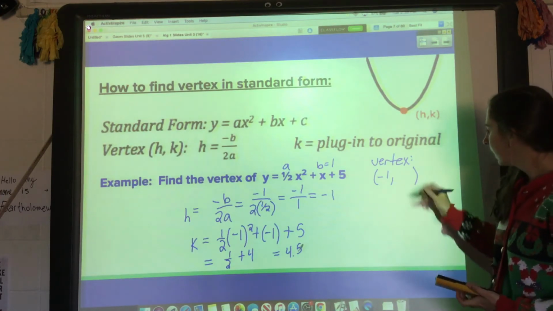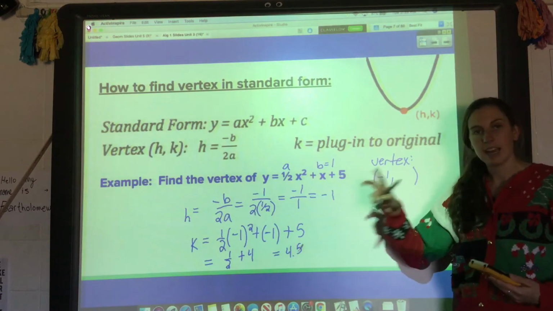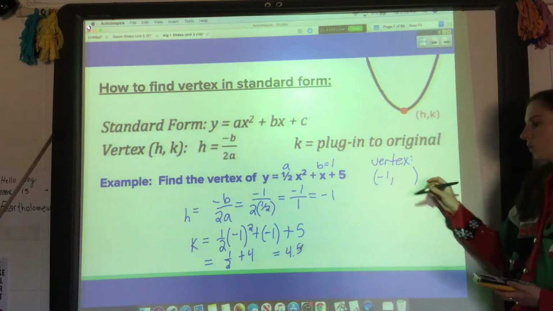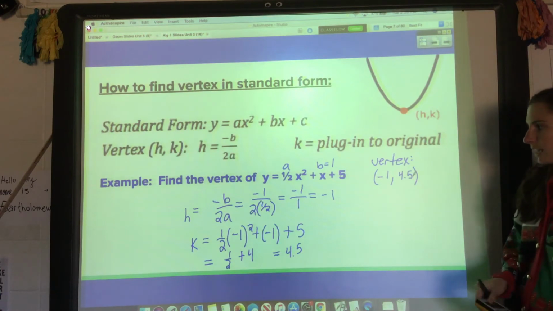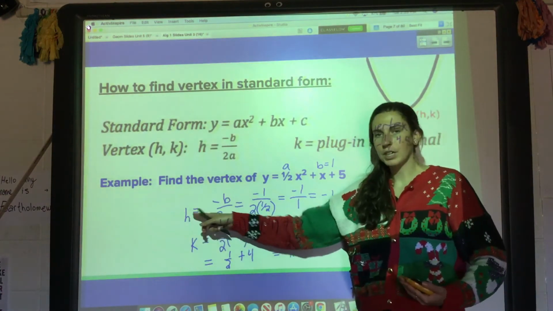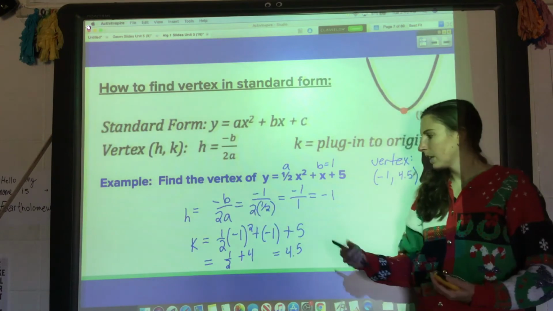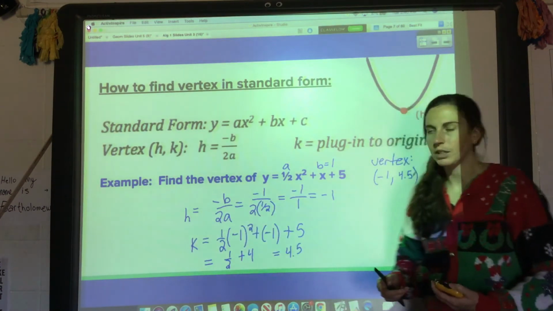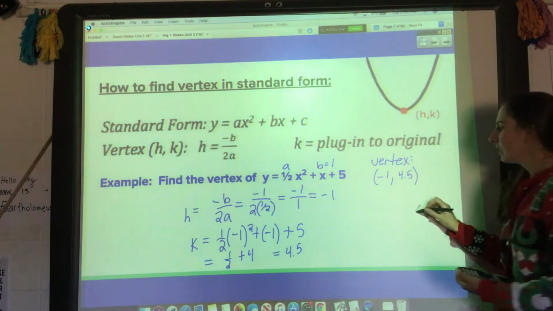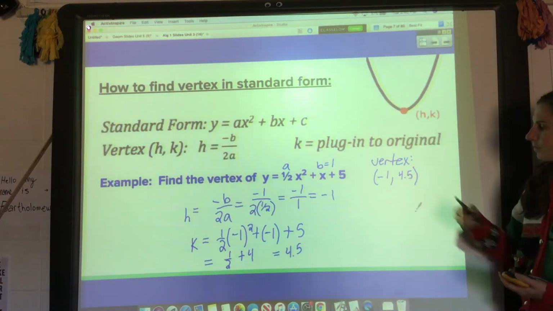Yeah, so that is my k value, which is the y coordinate of your vertex. So again, to find h, the x coordinate of your vertex, you just use the little formula, and then plug whatever you get into your equation to find k, the y value. All right, so in this case, the vertex is negative 1, 4.5.